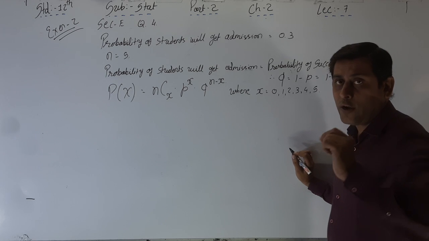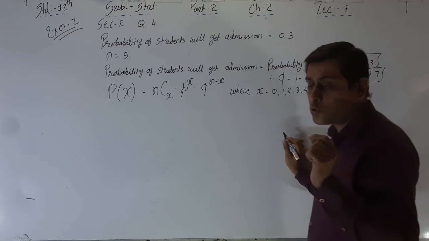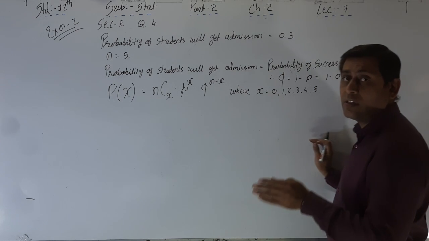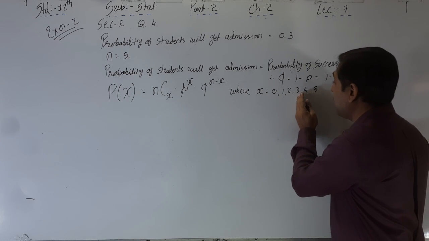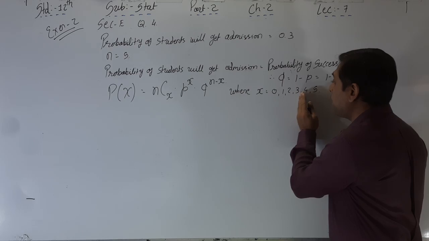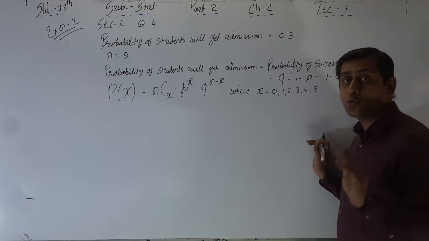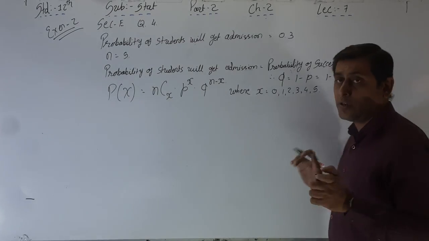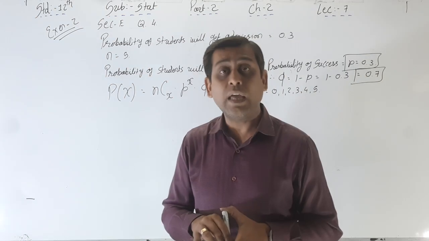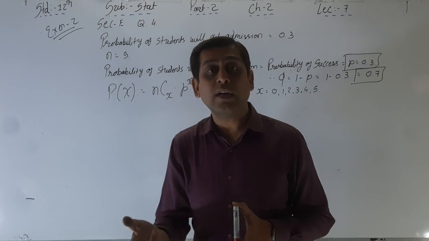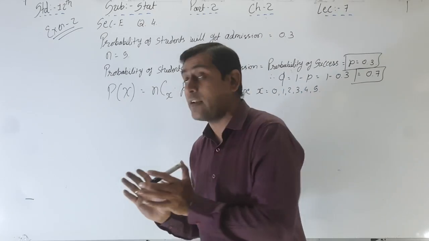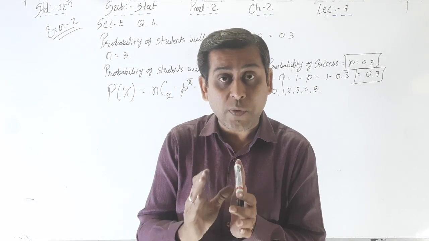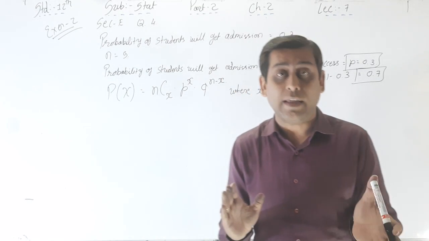If we want to find the probability that the students who get admission are more than those who do not get admission, then we have to take X is equal to 3. Why? If 3 students get the admission, then 2 students will not get the admission. That means the probability of getting admission is high.